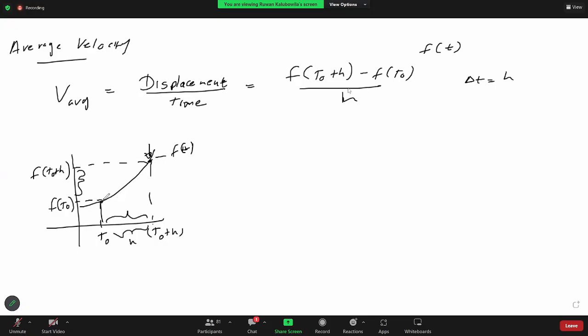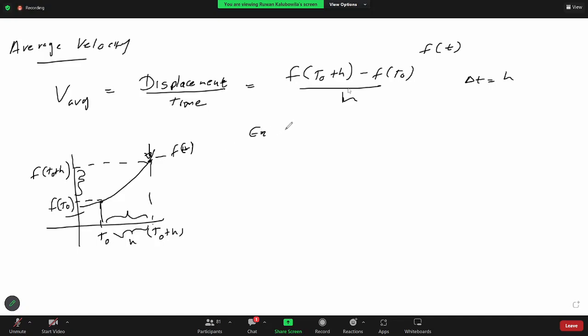Then we will see the average velocity using the displacement over time. So displacement is f(t plus h), where h is a little bit of difference in time. So f(t naught plus h) minus f(t naught) is the displacement, and the time difference is called h. So that's the thing.